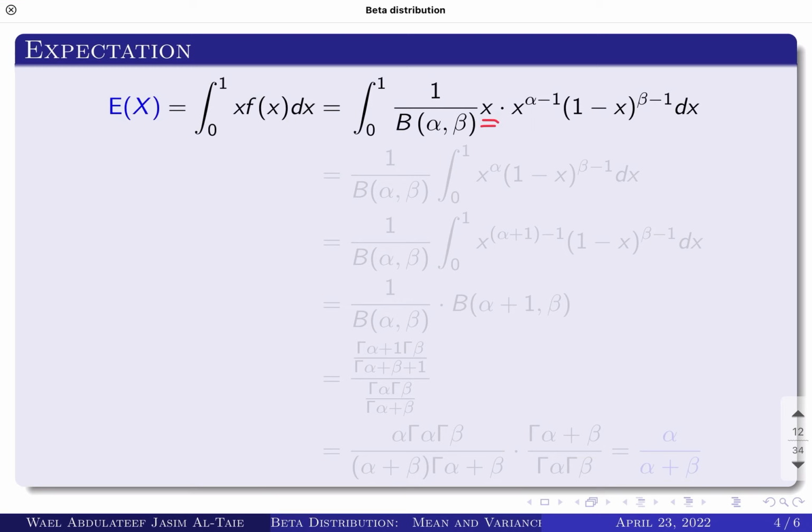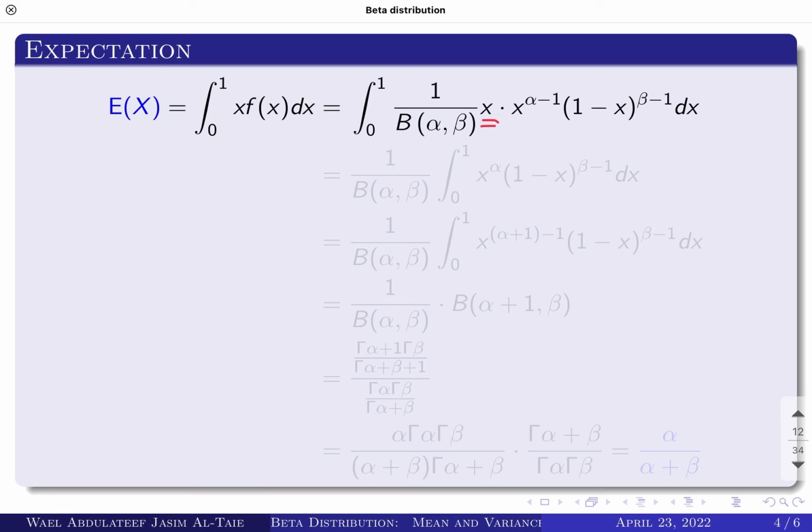Now, if we want to do the integral of the probability density function of the beta distribution with different parameters, we just need to change the power of x a little bit. We write x to the power alpha minus 1 plus 1, so that gives x to the power alpha.